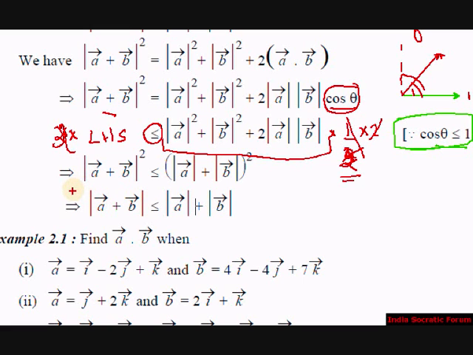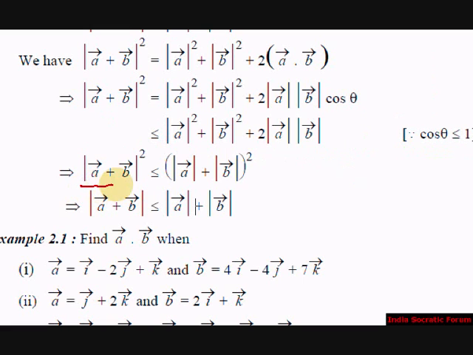So the modulus of a plus b, the whole square, is less than or equal to what we have after removing cos theta.